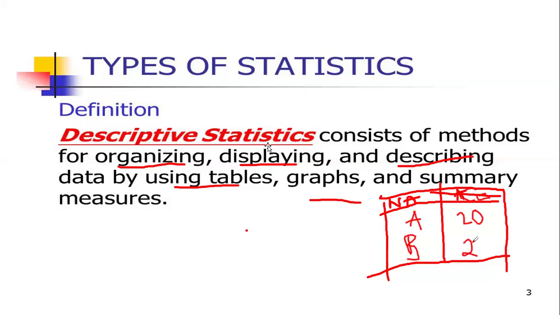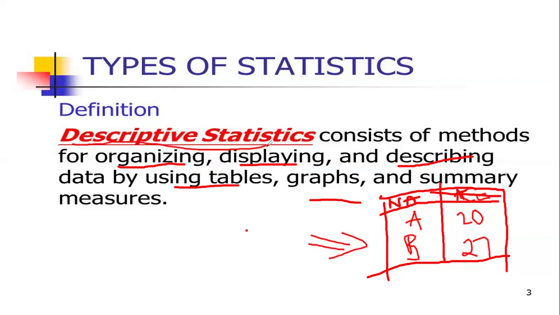These are the most common. When you talk about measures of central tendency, we're talking about the mean, the median, and the mode. We all know how to calculate these three things, right? The mean is just the average, the median is the numerical value in the middle, and you can also calculate the mode like that.